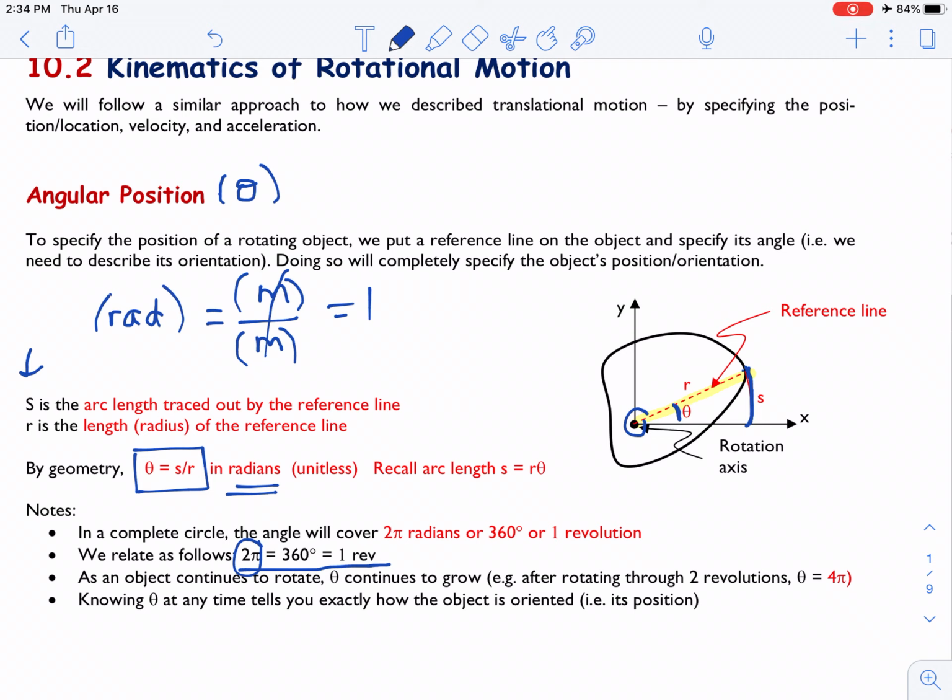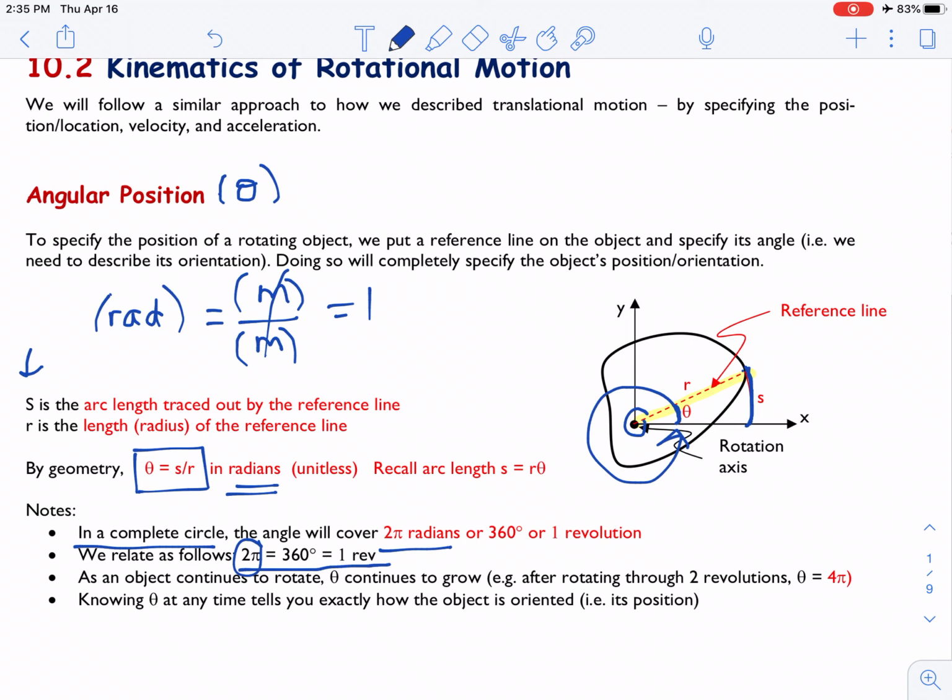Okay, so in a complete circle, when you make a full turn, then the angle that you will cover is 2 pi radians, right? So you're starting from x and then you're coming back to x. What is this angle? It is 360 degrees or 2 pi radians or 1 revolution, right? It's just 1 turn. And as an object continues to rotate, theta continues to grow.